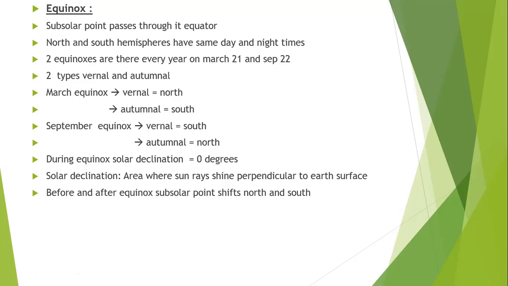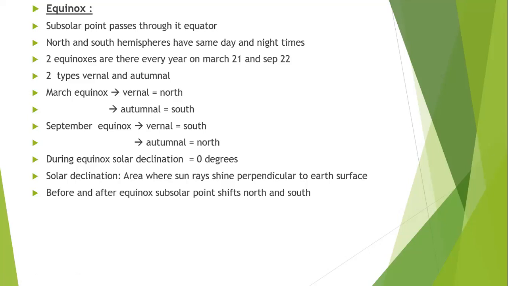The first is on March 21st every year, and the second is on September 22nd. Equinoxes are classified as vernal and autumnal.